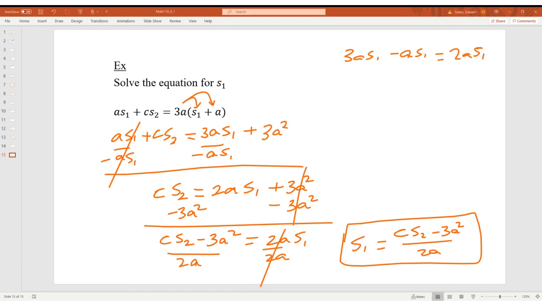No, it doesn't work like that, Richard. If you divide by AS1, you are going to make the expression very complex. Do you mean I have to divide by AS1 or just by A?